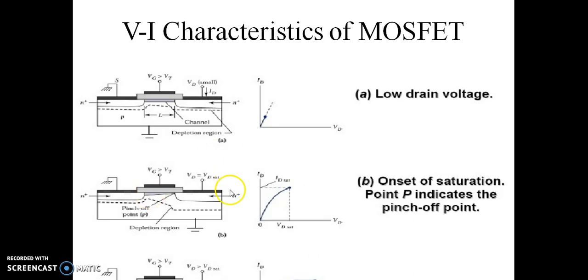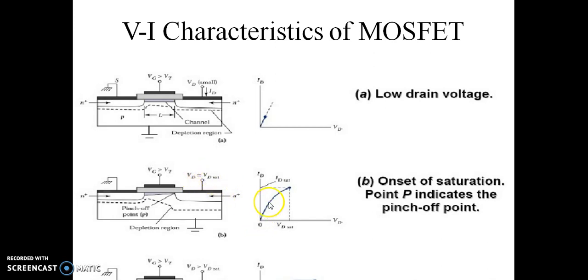Next we have the second stage, where we apply gate voltage greater than or equal to the threshold voltage, that is 0.7. There is a formation of a proper inversion layer, and current will flow by the application of proper drain to source voltage. Here VDS is less than VD sat.